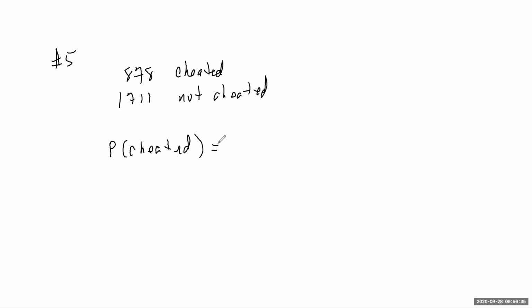So the probability of cheated is the number of outcomes in the event, which is how many students cheated. That is right there. And that's divided by the number of students in the sample space. So we have to do a little bit of math here because the sample space is all the students that were surveyed.